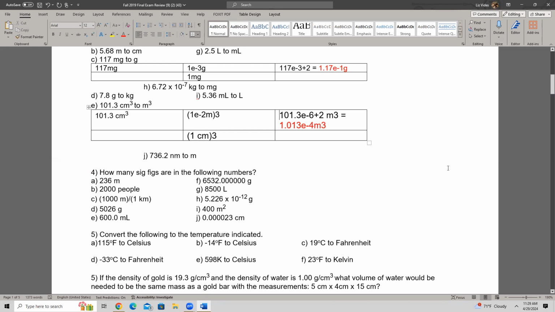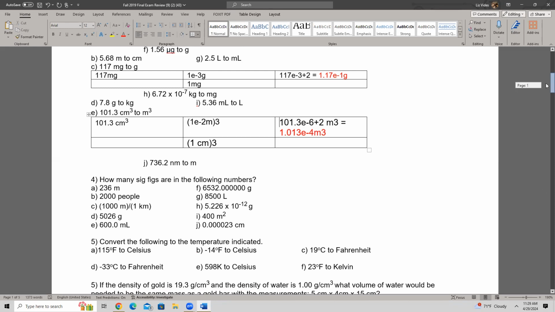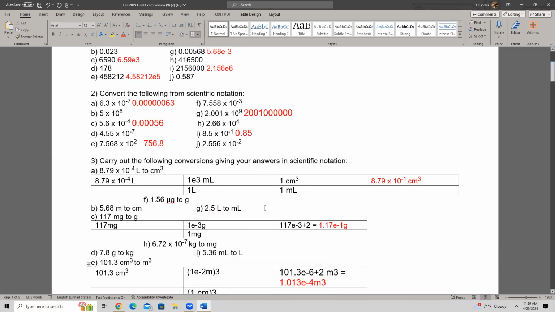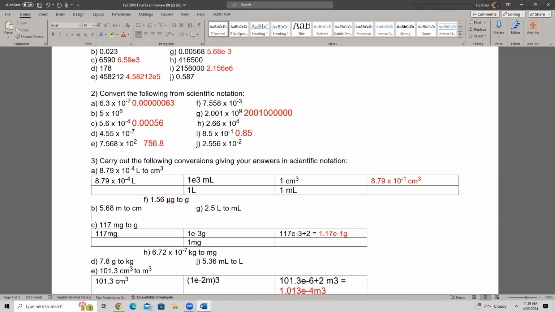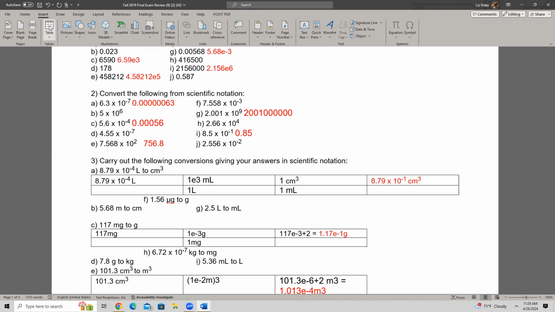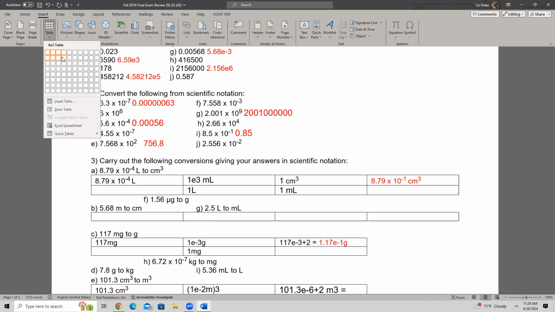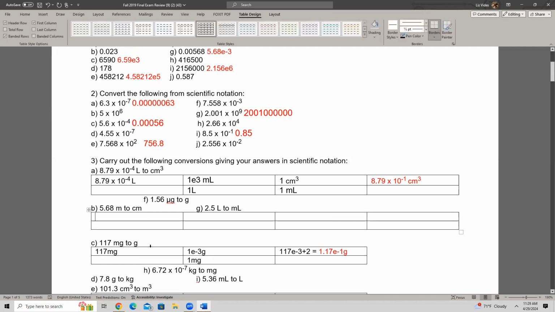All right, next one that we're doing is G, right? EFG, yeah. So G, I'm going to insert it right here. It's going to be in a weird spot, but you'll know which one it is based on the fact that I am putting the same numbers that are on there in here. All right, so G is 2.5 liters to milliliters.